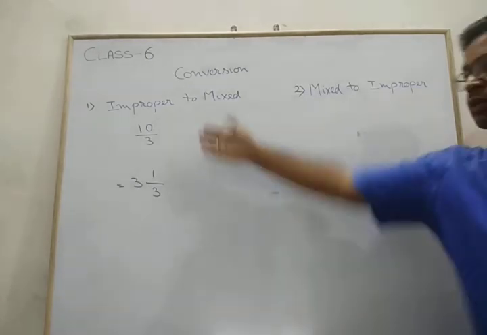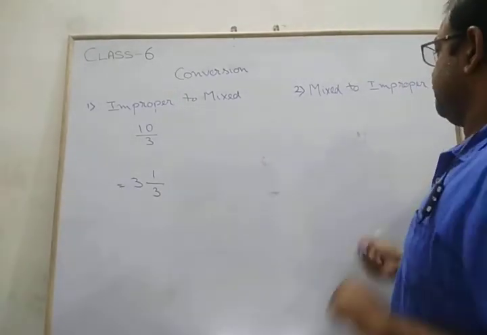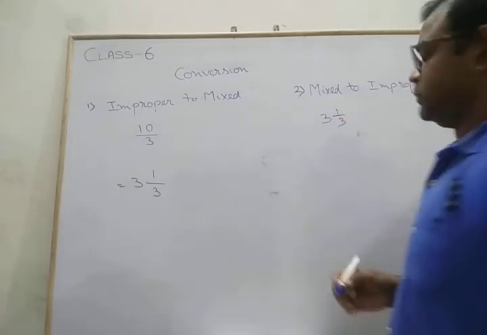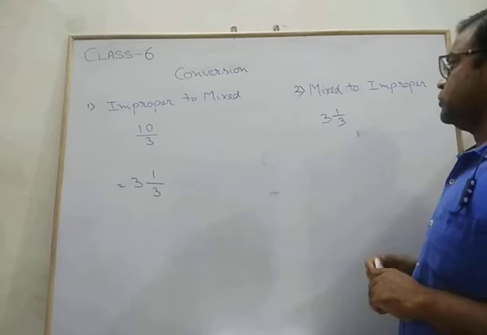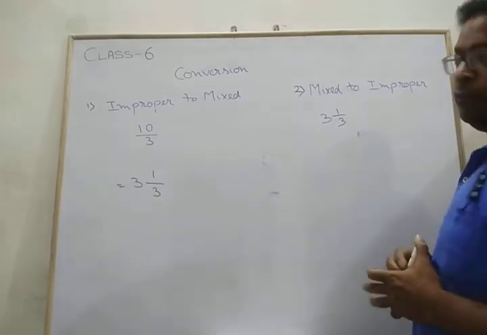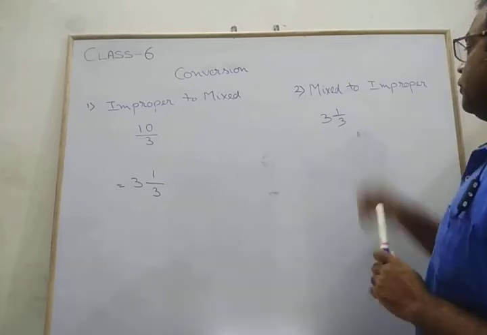Suppose I am taking the same example first. Suppose this mixed fraction is given to you: 3 whole 1 upon 3. The question asked is that we always need to convert a mixed fraction into an improper fraction while solving sums of fractions. Now, how do we convert this one?